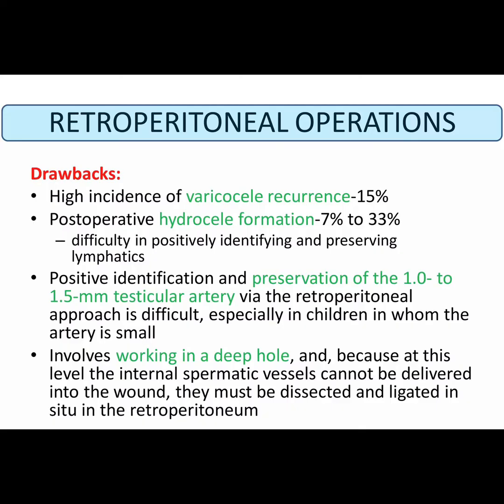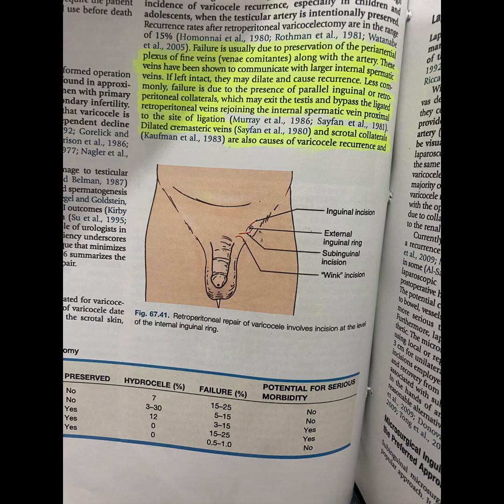For this Palomo approach, the incision is given at the level of the internal inguinal ring, as we have shown in the picture. The various layers to be split include the external and internal oblique muscles, and then the internal spermatic artery and vein are exposed retroperitoneally near the ureter.